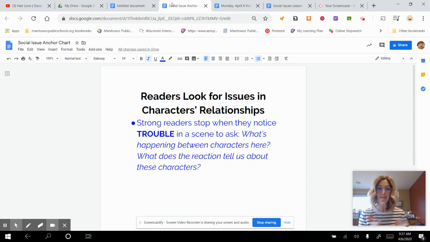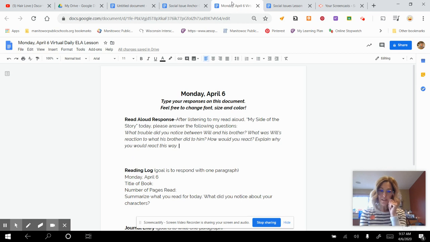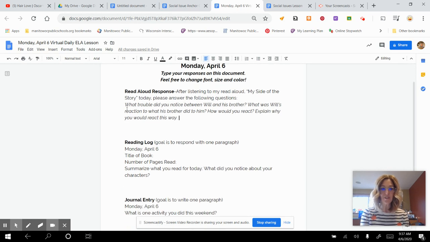What does the reaction tell us about these characters? As you work in your document today, you need to answer these questions right here. The read aloud, this is the one I'm looking at right now. If you need to, go back and re-listen to my read aloud and then answer these questions, okay?